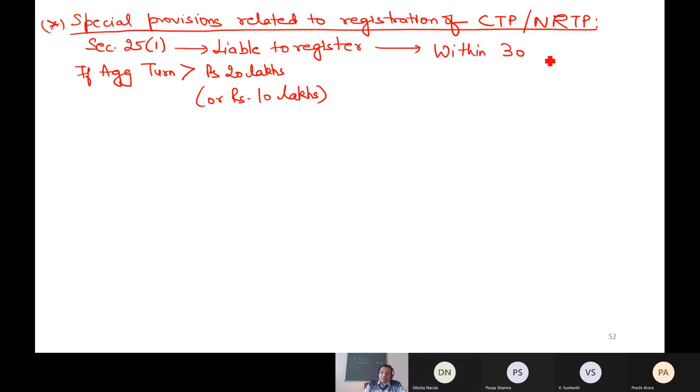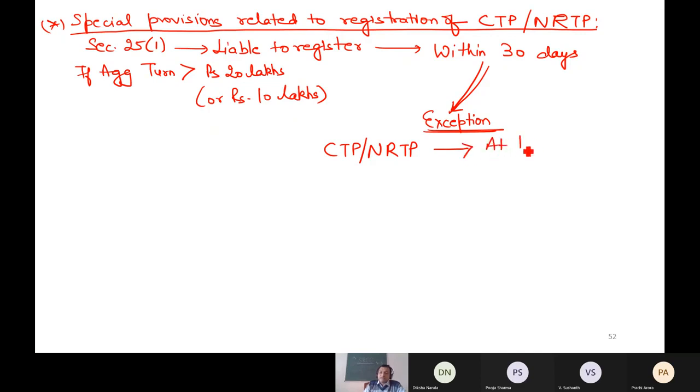Yeah. But do you remember the exception? The exception says that in case of a casual taxable person and a non-resident taxable person, the limit is not 30 days.